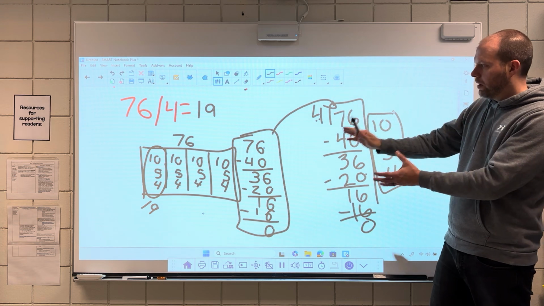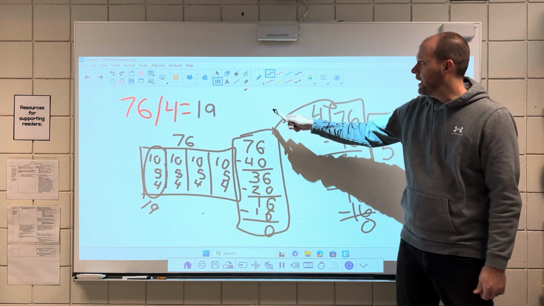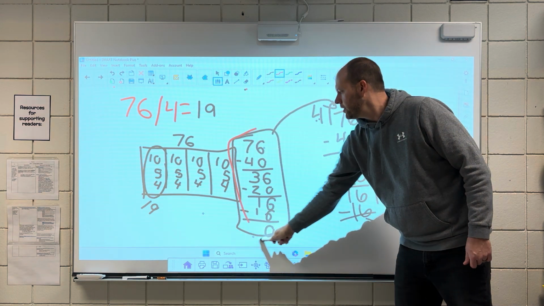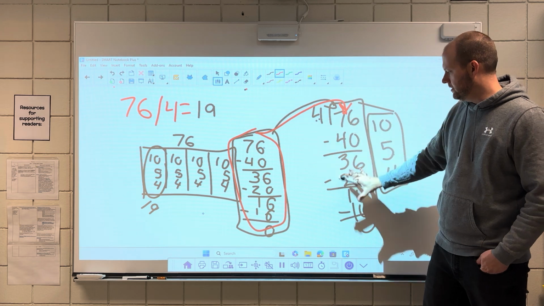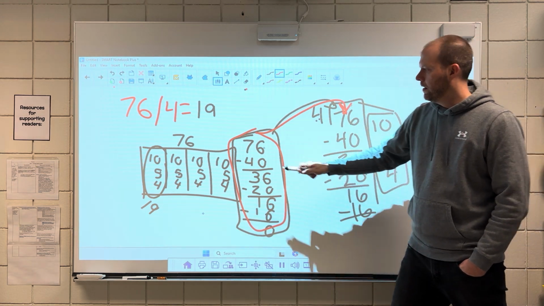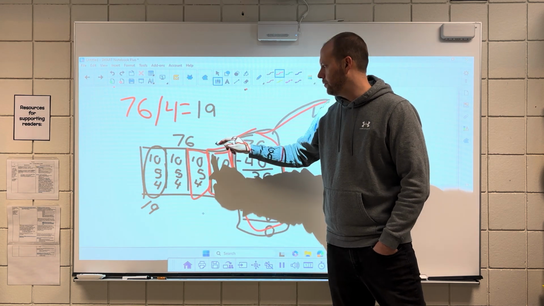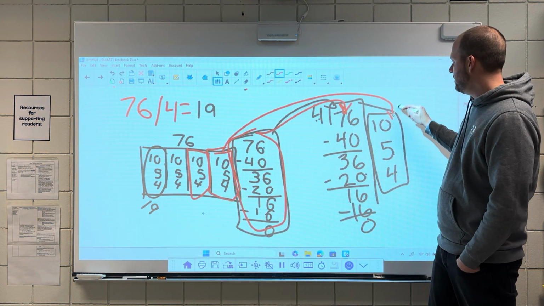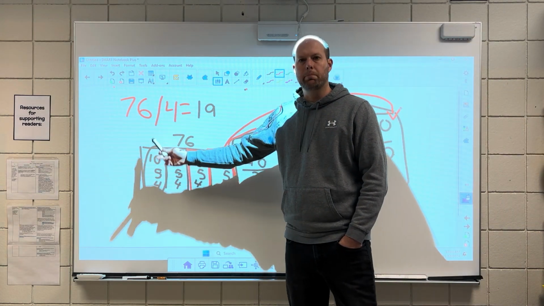So, bar model to partial quotients. What is this looking like? The subtraction here is the same thing that's going on inside this little area. We made 4 spots because there are 4 people. That is just happening in one spot here, because all we really need to know is the information for one person.